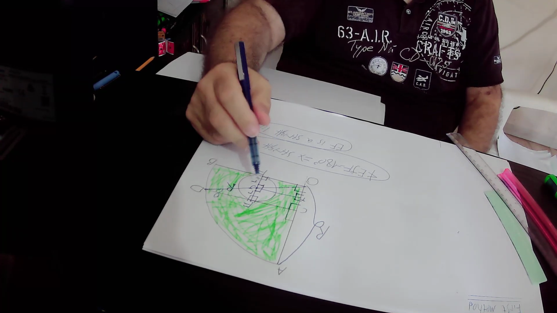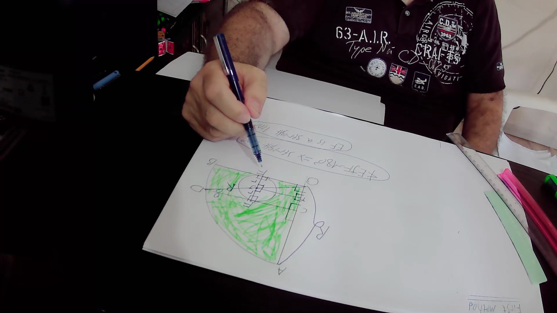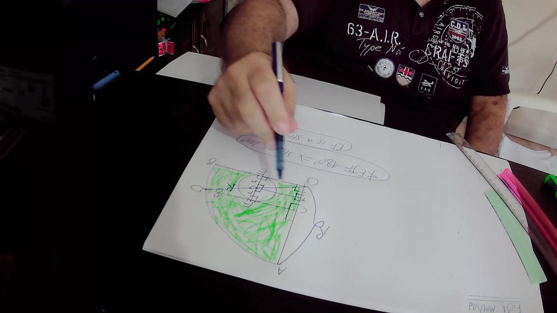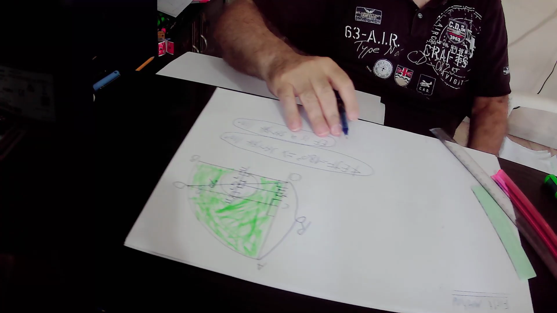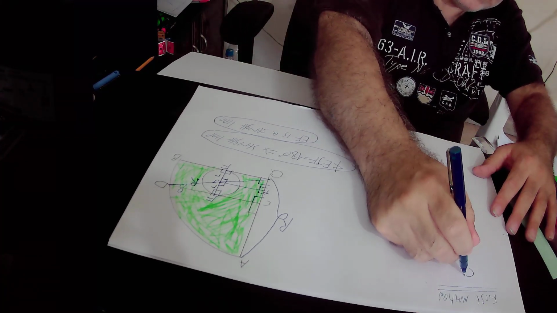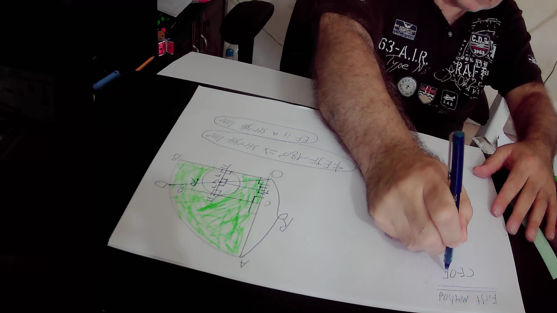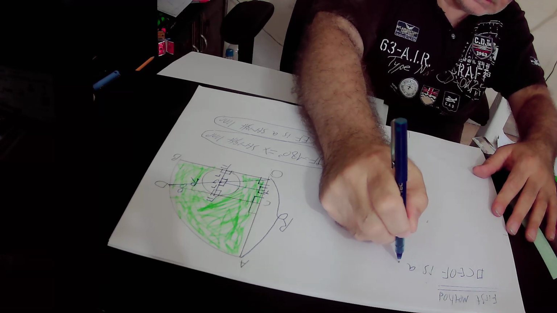And if line segment EF is a straight line, it means that quadrilateral CEOF, this quadrilateral, is a rectangle. I write it down, quadrilateral CEOF is a rectangle.